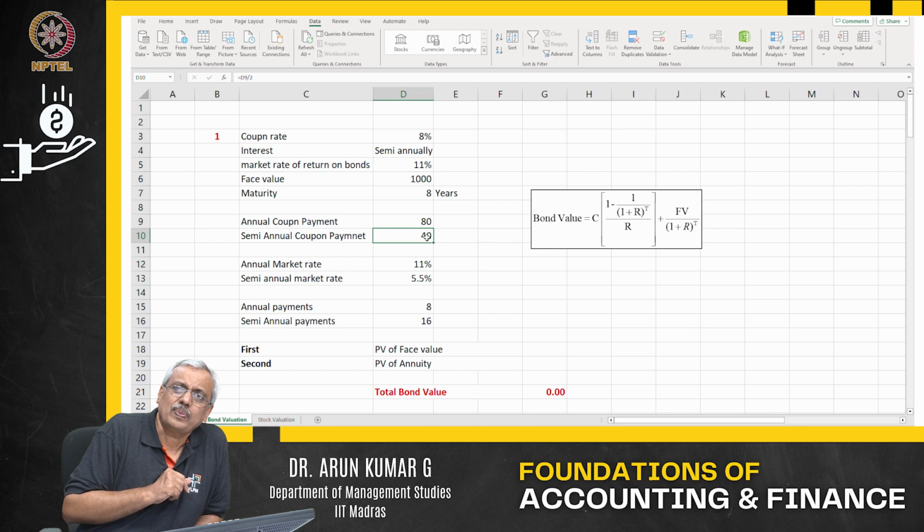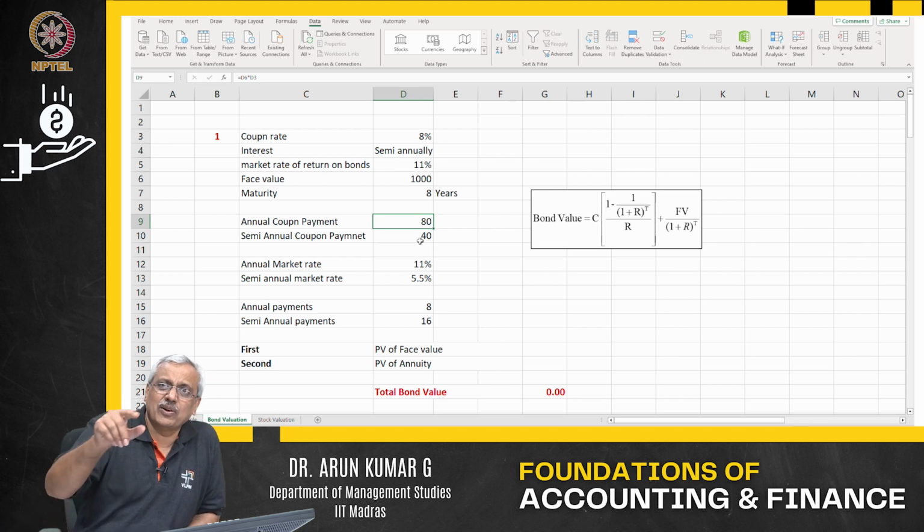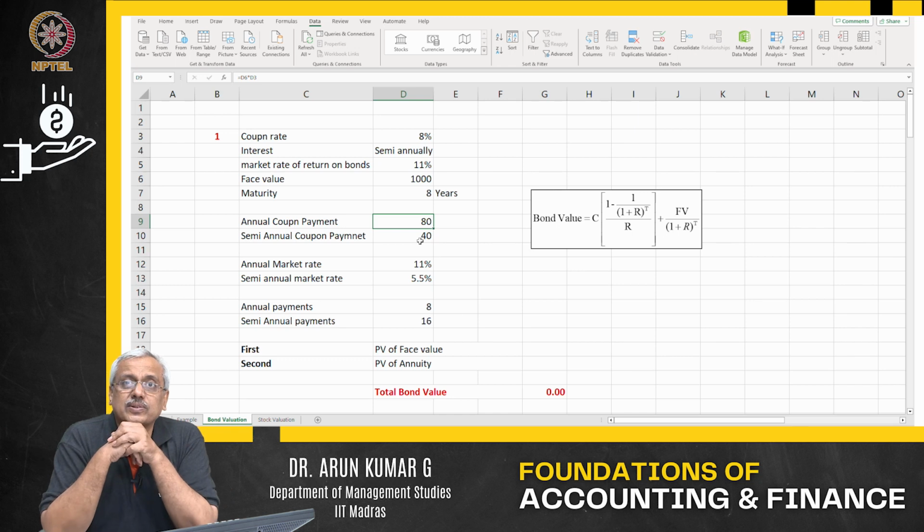So your total return is not $80, it is $80 plus a 6-month return on the $40 that you got on 30th of June. So your total return will be a little more than $80.